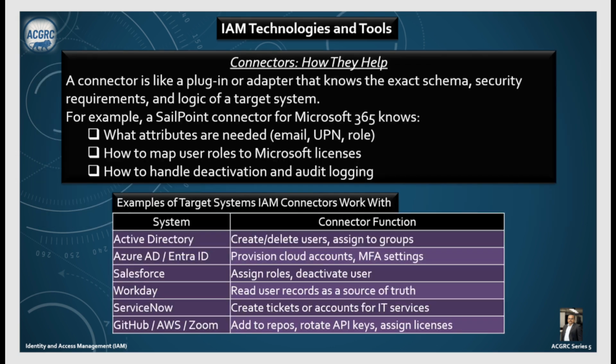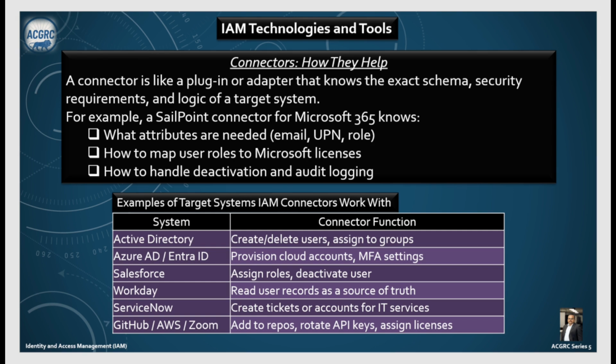Now connectors. A connector is like a plugin or an adapter that knows the exact schema, security requirements, and logic for a target system. For example, a SailPoint connector for Microsoft 365 knows what attributes are needed, email, UPN, role, etc., how to map user roles to Microsoft licenses, and how to handle deactivation and audit logs.